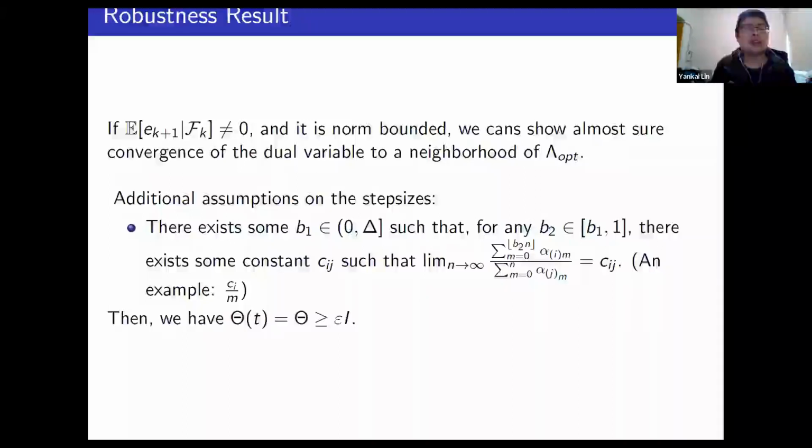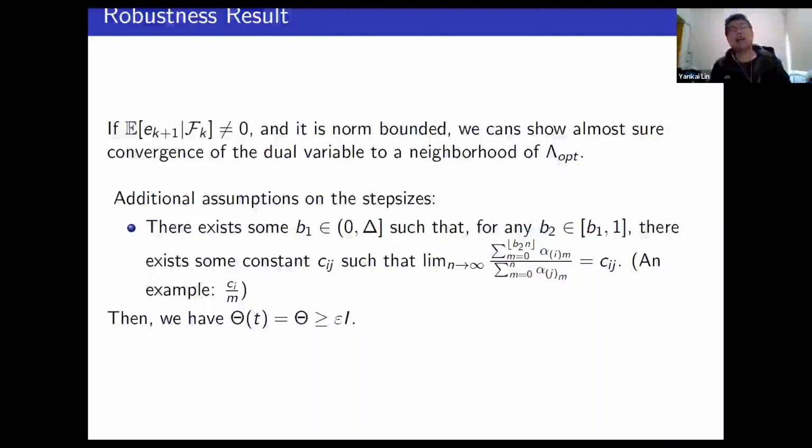And to show this, we need an additional assumption on the step sizes. In the stochastic approximation literature, this assumption is normally called the balanced step size. The term balance refers to the essential point of why we need this assumption. You can see that I replace the limit inf and limit sup by the limit, and the ratio becomes a constant Cij.